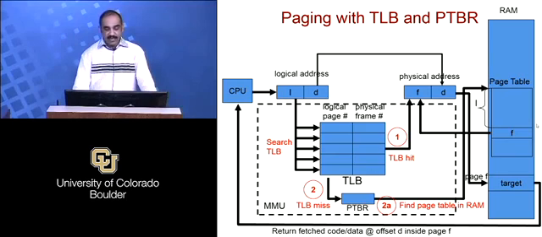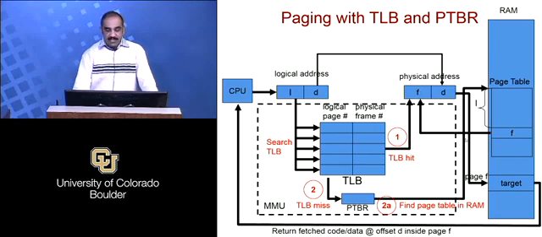The running process's page table is stored in memory, and part of this page table is over here. Since you haven't gotten a hit, you go to the page table base register, and from there you find the frame, because that page table will have the corresponding entry. You find the frame and put the frame over here.